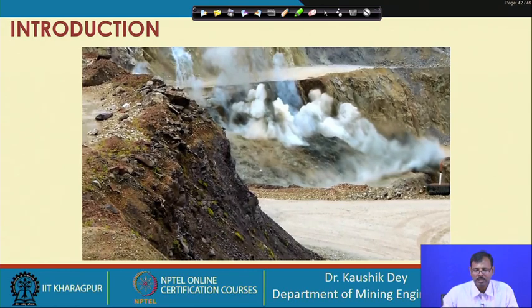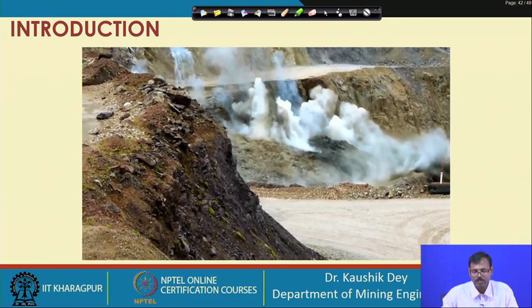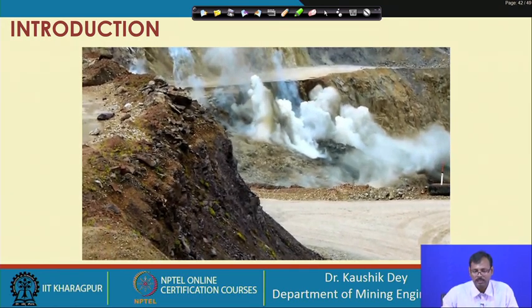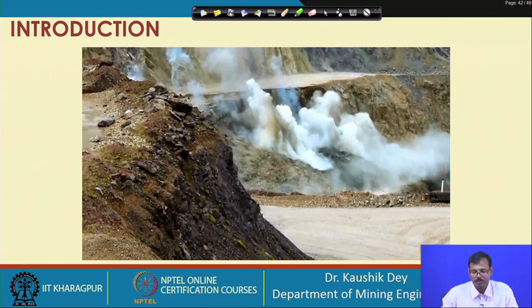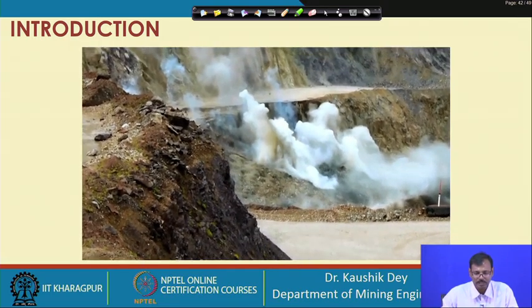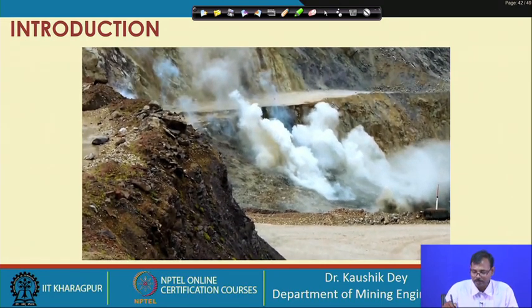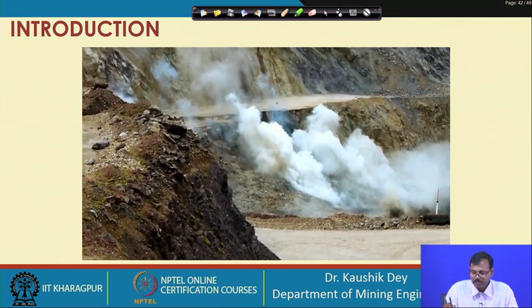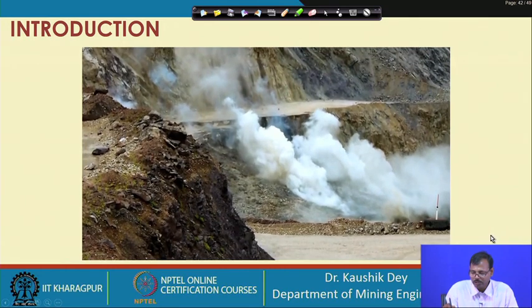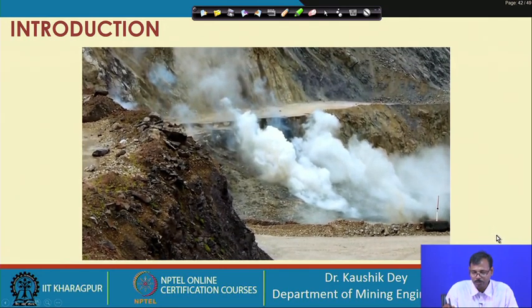That is why high speed photography is a tool where we can get a very good picture of the blast. In this way we will understand how to evaluate the performance of different blasts.